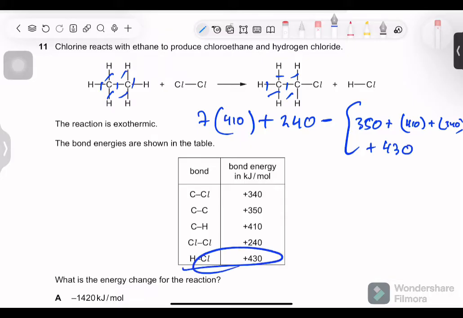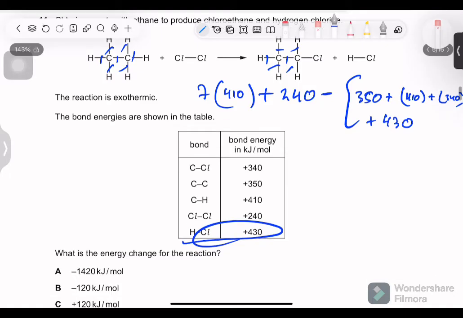If you do this math, the answer you get is minus 120. So option B is correct.